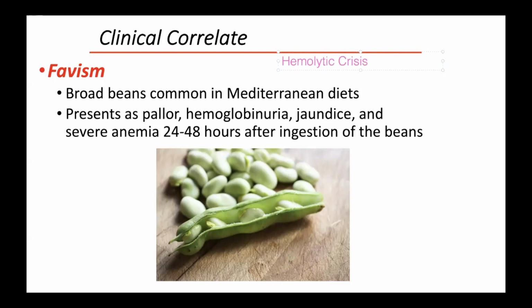The manifestations are pallor, hemoglobinuria, jaundice, and severe anemia about 24 to 48 hours after the ingestion of fava beans. So memorize fava beans. Later, when we go to the final coaching and the master class, I will just mention fava beans and I'm going to ask you what enzyme is most likely deficient. You should answer G6PD.